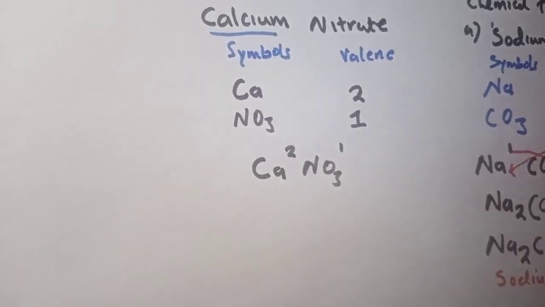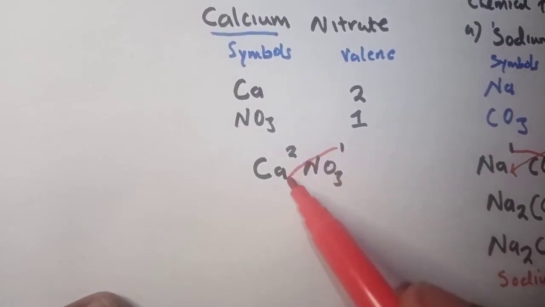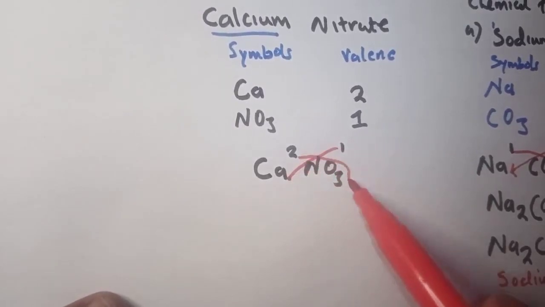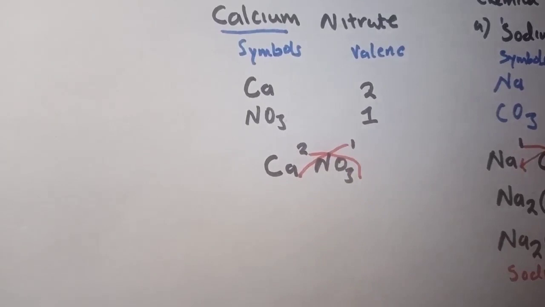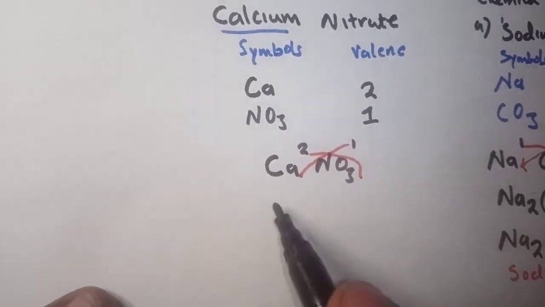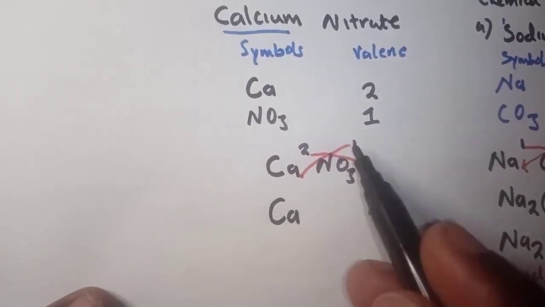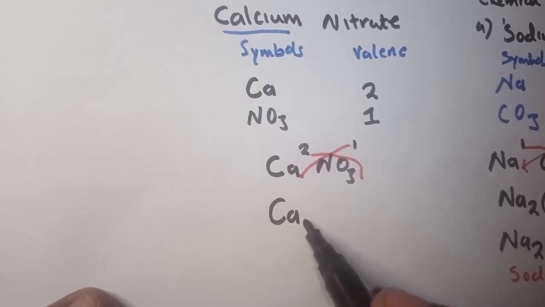So remember what I said, if the valences are not the same, this one will come here, this one will go there. So you're going to have calcium, this one here, write 1.